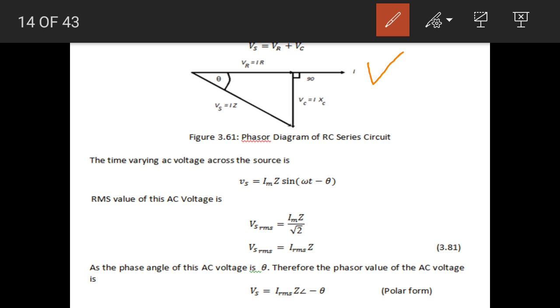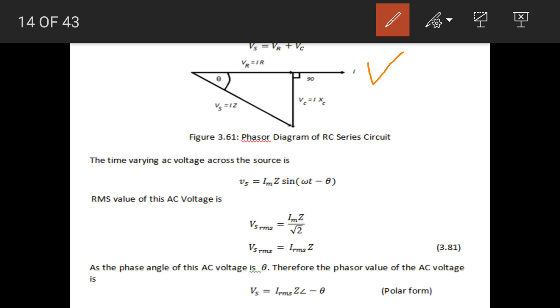We shall consider the phasor for Vc with respect to current phasor, and we shall consider the angle of the phasor Vs with respect to current phasor. So anyhow, we draw the current for the phasor along x-axis, and this phasor is known as reference phasor.